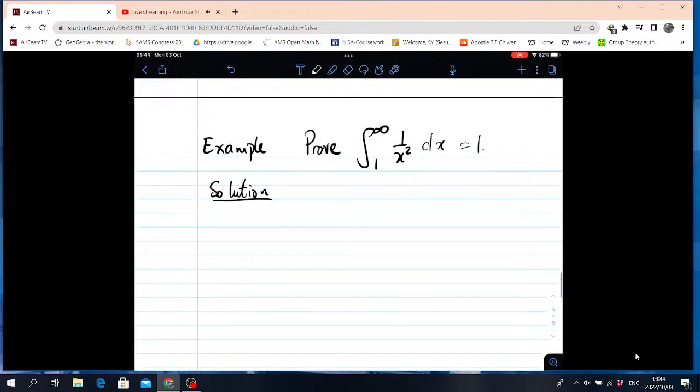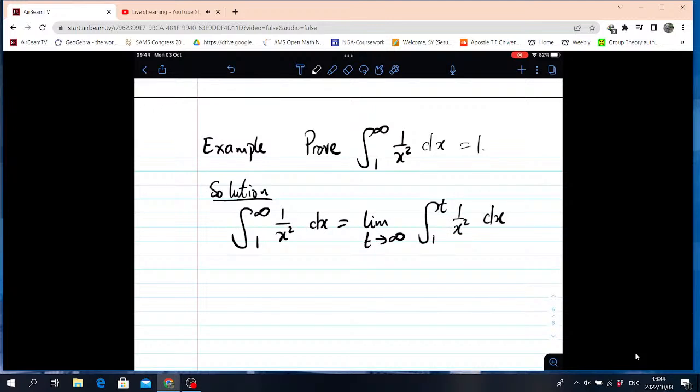So let's see how that goes. By the definition that we've just had, this is just going to be the limit as t tends to infinity of the integral from 1 to t of 1 over x squared dx.